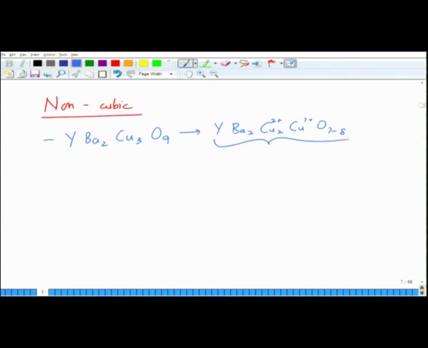This is the superconductor, this contains perovskite units. Then you have La1 minus x Srx CuO4, this is again a superconductor. So, these are superconductors.